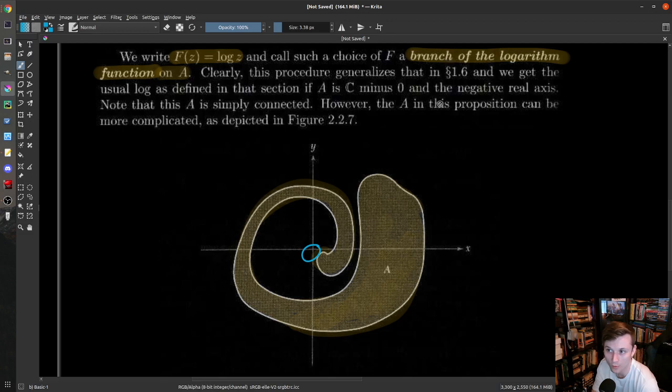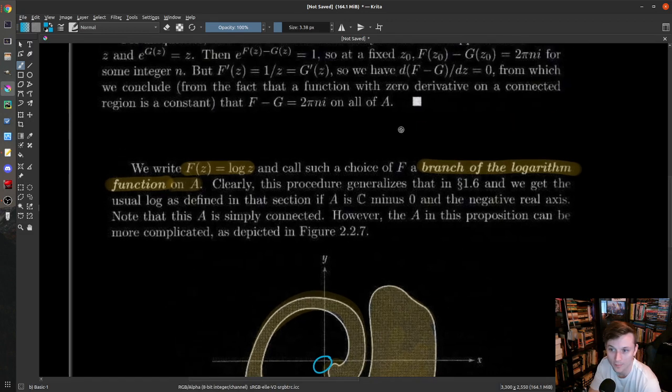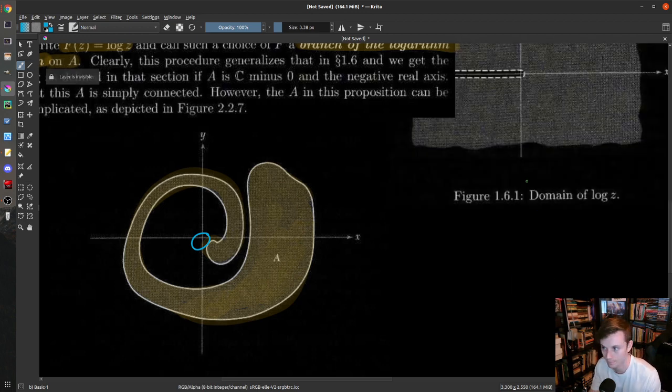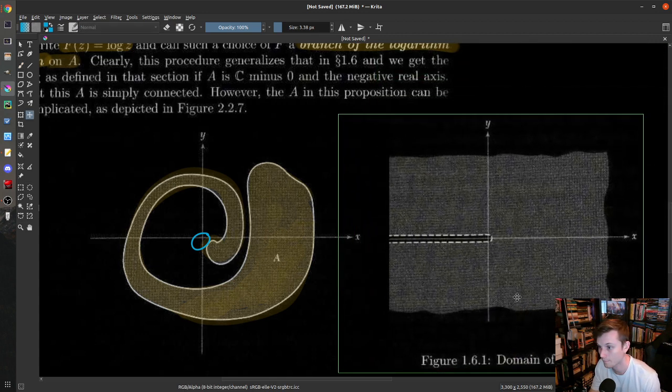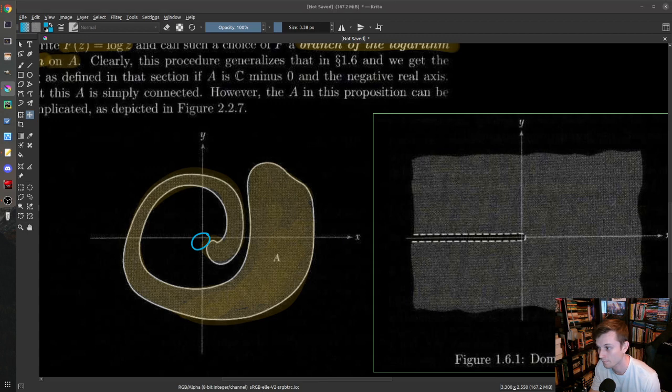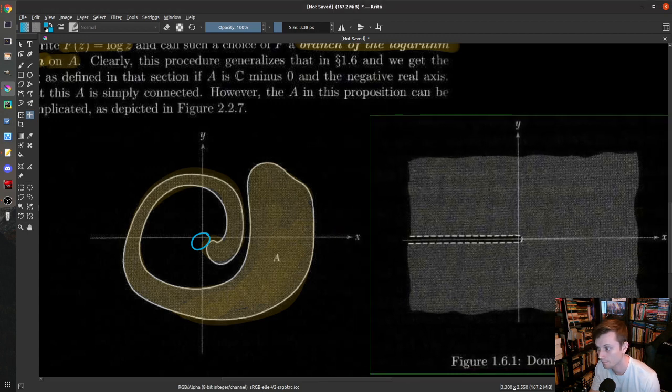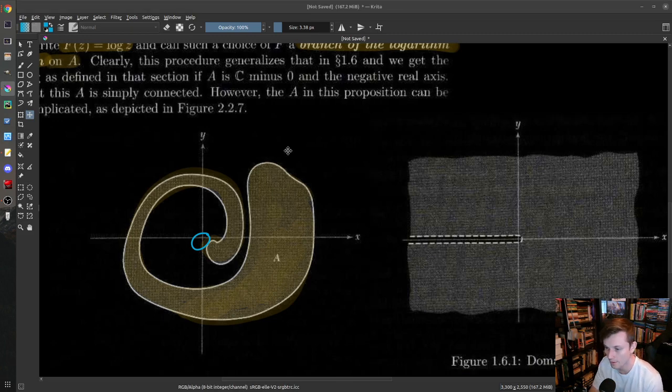Notice that what we were looking at before, actually, let me even just put these two right next to each other. How about it? There we go.